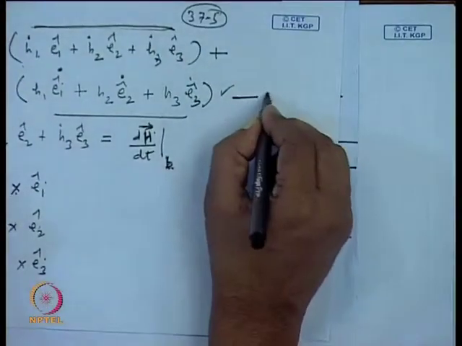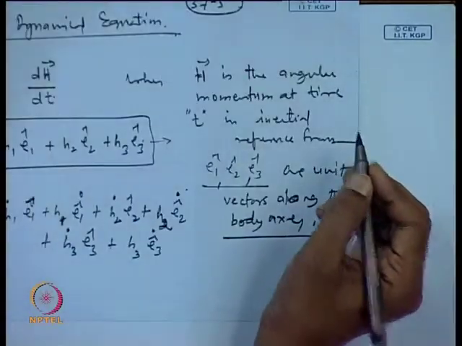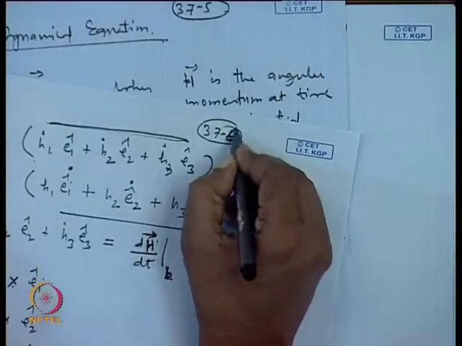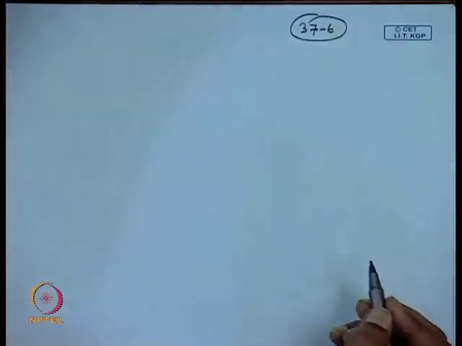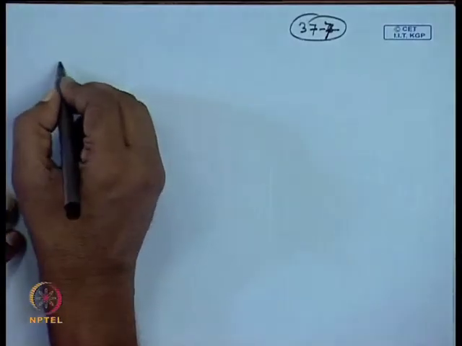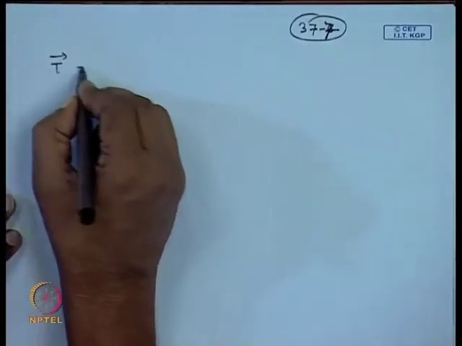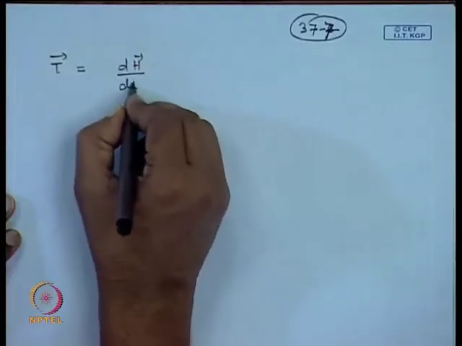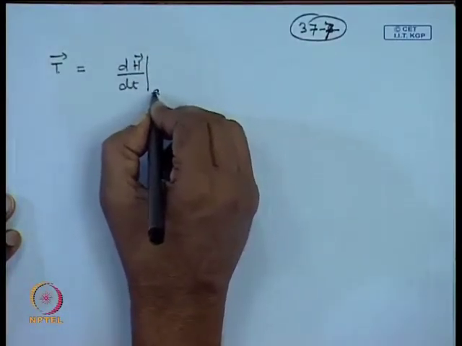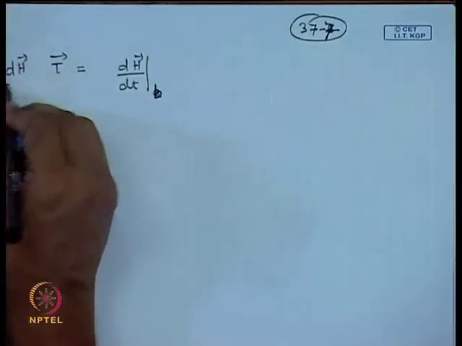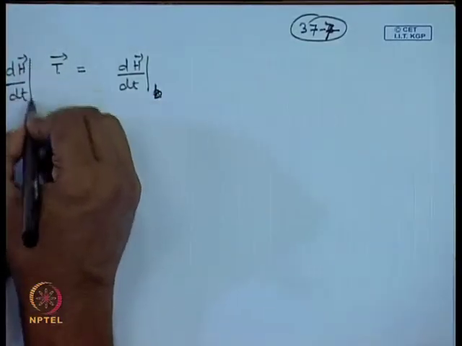Okay. So, therefore, let us say this is equation number 3. Equation number 3 gets reduced to dH by dt, this is in the inertial reference frame.